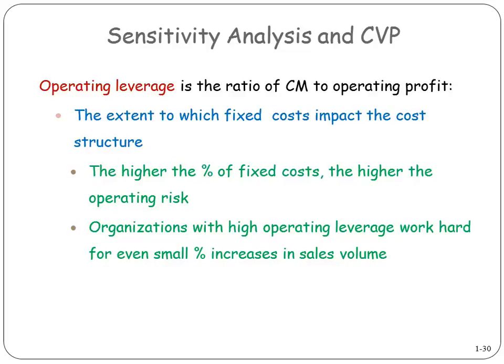So you would want to replace your variable costs with fixed costs because you need to reduce the cost per unit. So if you have high operating leverage, you're going to be working hard to get that increased sales because more of the sales go to the bottom line. They don't go to variable costs.